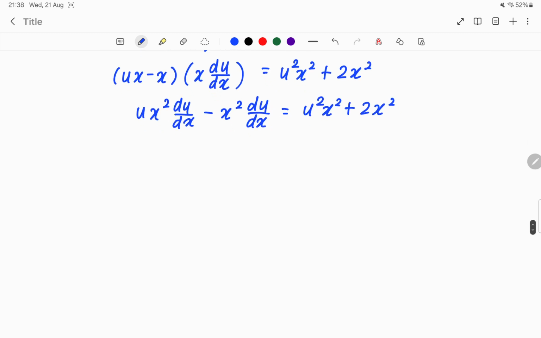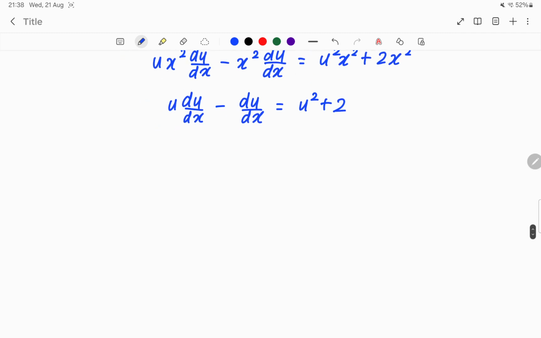So over here we can factorize out the x squared. So all the x squared will disappear. Factorize and divide away. So now I'm left with du dx, u squared plus 2. Then what I'll do is that I'll factorize out my du dx. It's a common term here to get u minus 1, u squared plus 2.